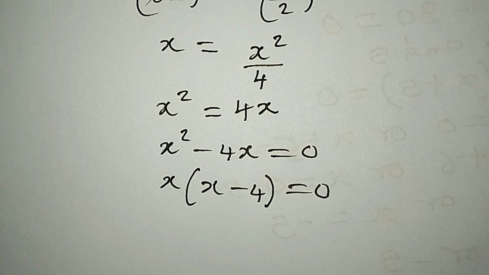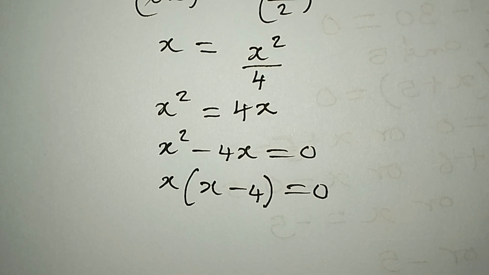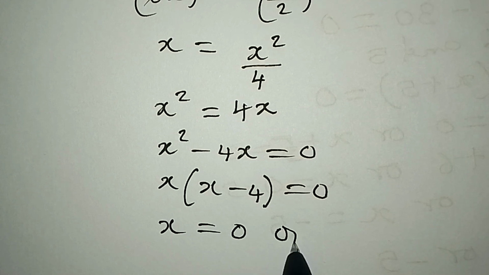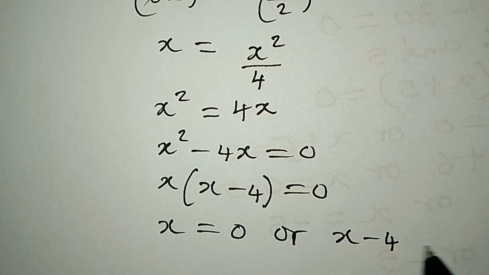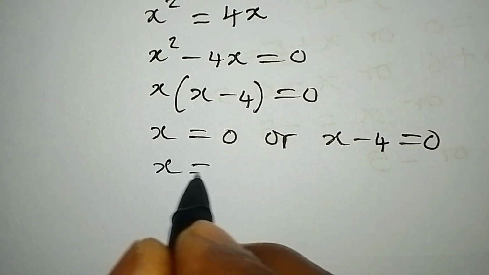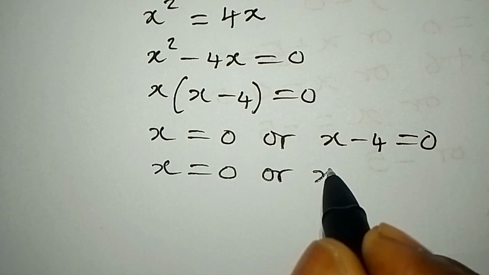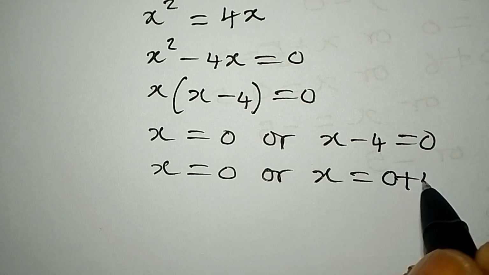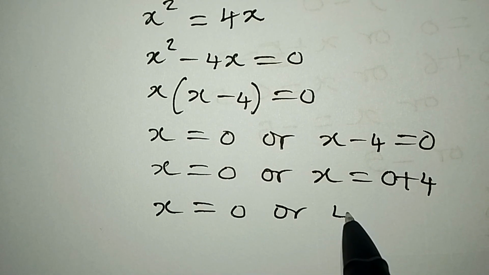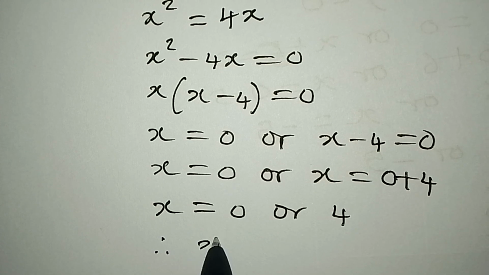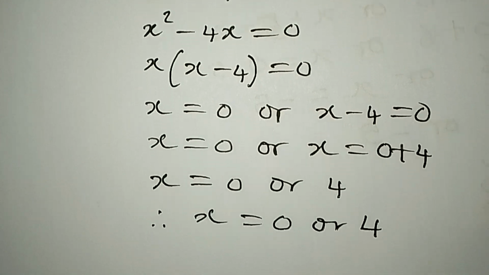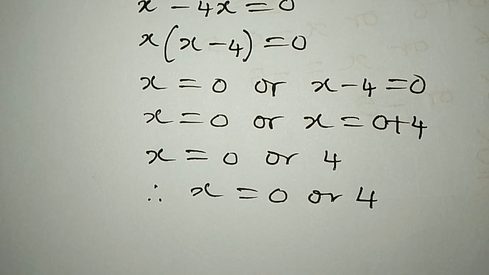And then at this point, we can apply the zero product rule so that x remains 0 or x minus 4 is equal to 0. x is equal to 0 or x is equal to 0 plus 4. So our x here is equal to 0 or 4. Therefore, x equals 0 or 4. According to the first method, this is what we have.